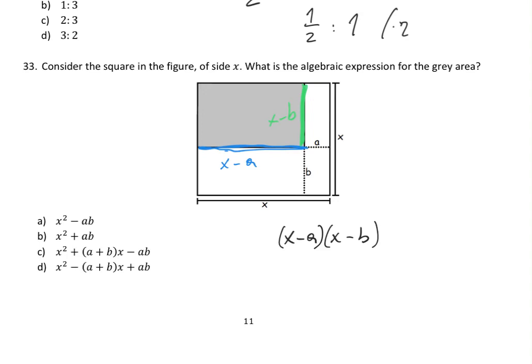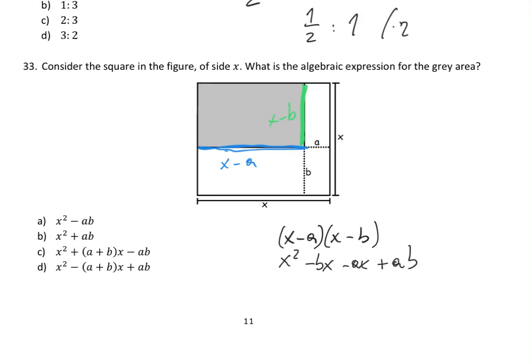Now, can you multiply that? All right, let's do it. X squared, and then minus B times X is minus BX, and then minus A times X is minus AX. Minus A times minus B, what is that? Plus AB. Great.